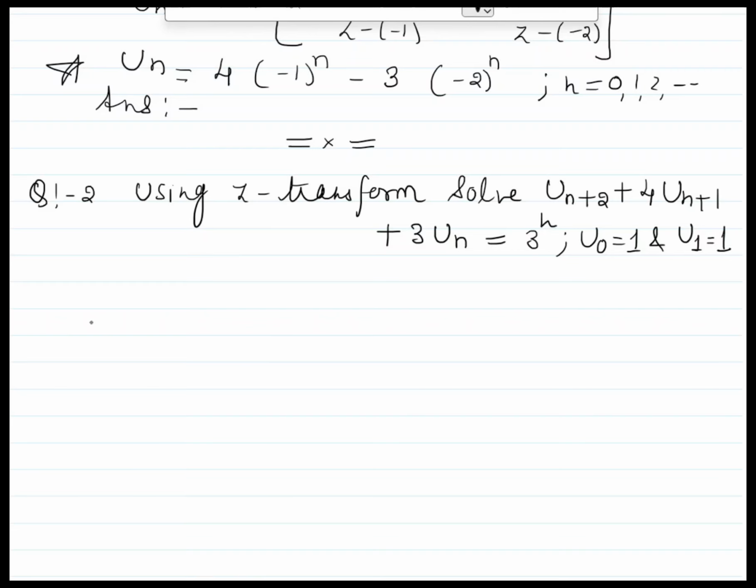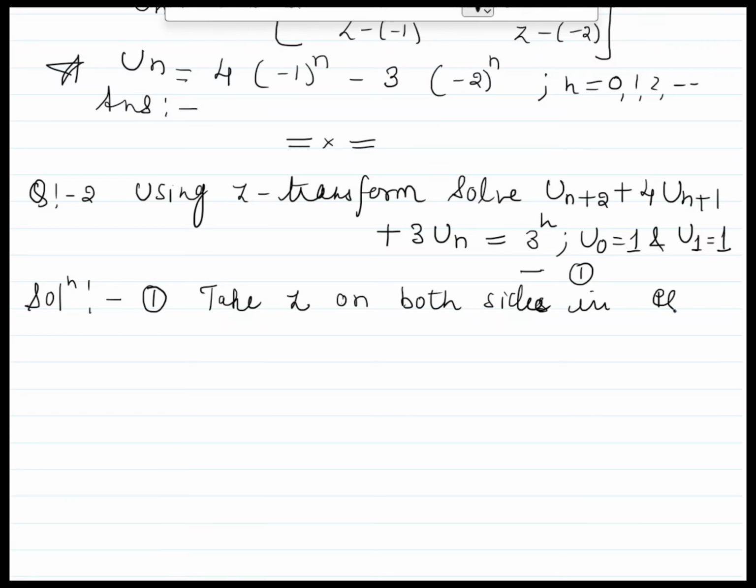For the solution part, I am revising the steps for you. Suppose this is your equation number 1. First, take the Z transform on both sides of equation 1. Second, after taking the Z transform on both sides, use the initial conditions given here.